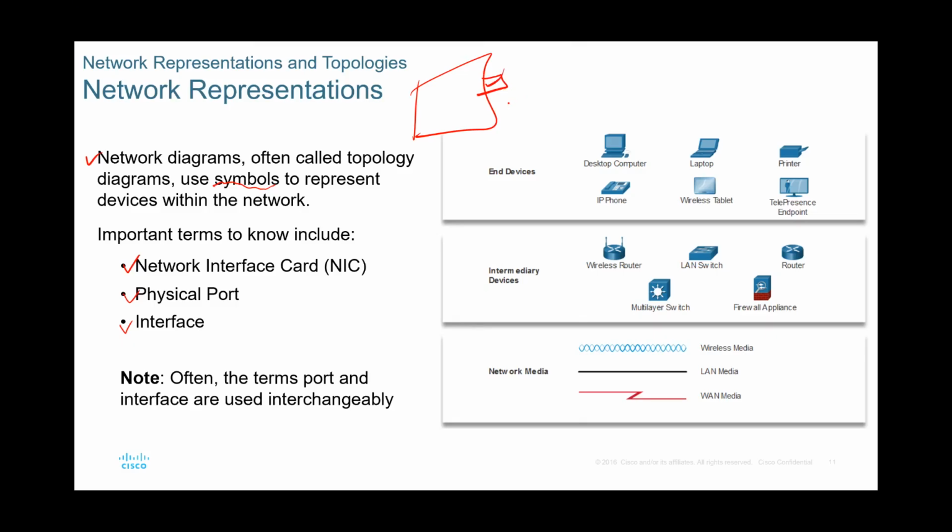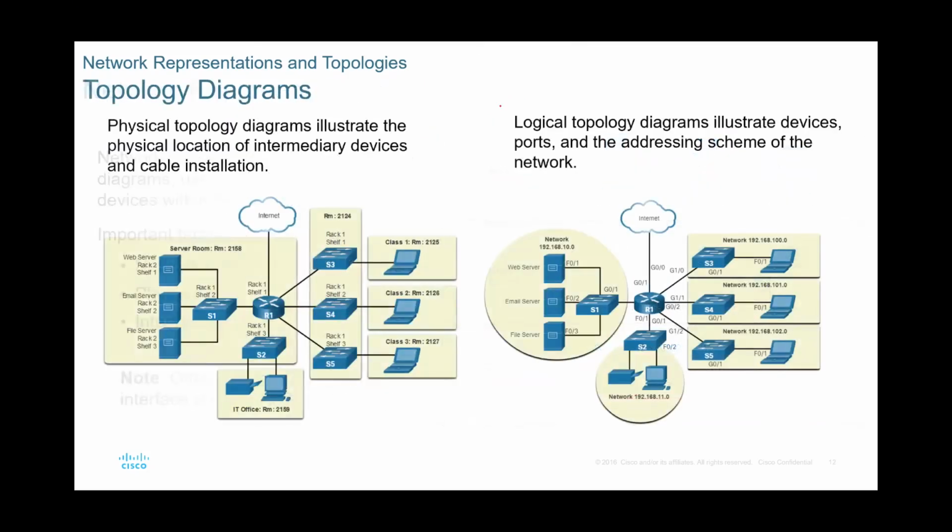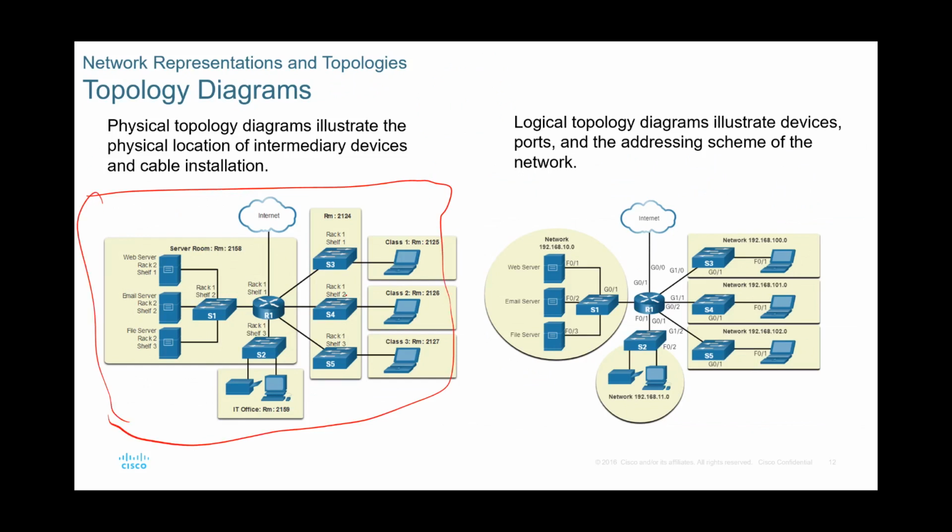So, staying with this network diagram, look at my next slide. If I told you now to interpret this topology, or this diagram, you should be able to interpret it. How do we interpret it? This probably belongs to an organization. They have one router.